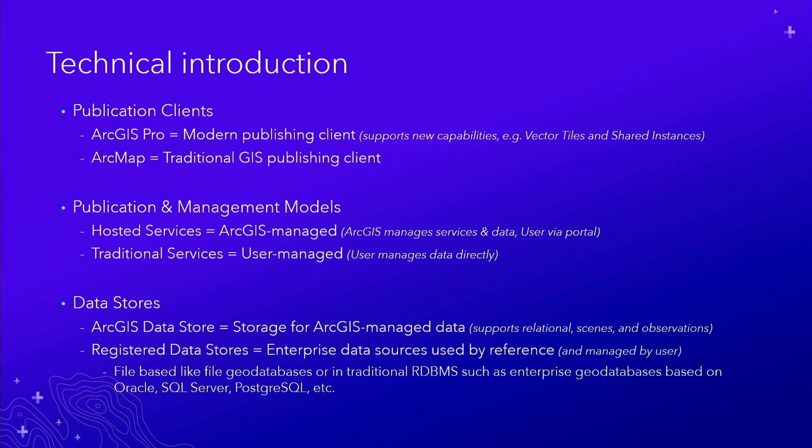Pro has been out for quite a number of years at this point. And one of the things that Pro brings with it is support for a lot of newer capabilities that didn't exist within ArcGIS before. One of those capabilities is things like vector tiles, a new, different way of publishing your data for very fast, rapid visualization, and we'll talk more about that here in a second.